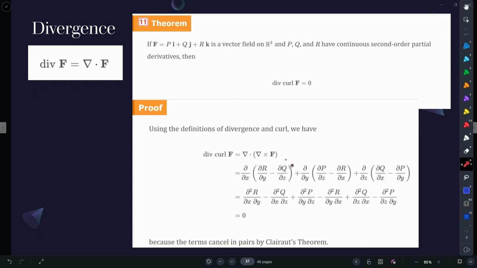If I put in what everything means, if I compute the curl, remember, it has those 3 coordinates. And if I do the dot product with the gradient again, what I get is a sum of differences of mixed derivatives, which will vanish. So we get that the divergence of the curl is 0.